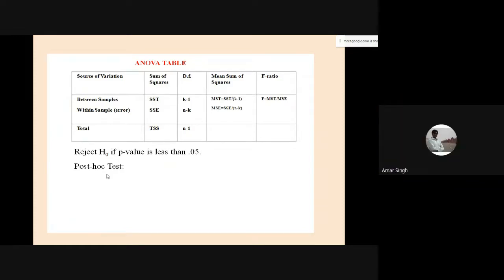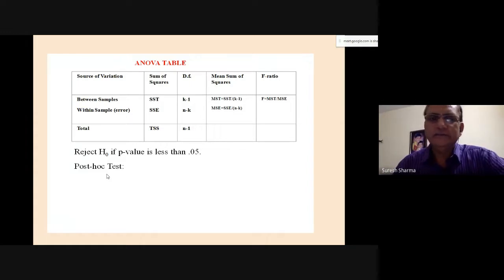So that type of analysis is called post hoc test. And in R, there is a Tukey post hoc test. It will compare one brand versus all of them. Then the second brand versus all of them. And you will come to know which brands are similar and which brands are different. So this is called one-way ANOVA.